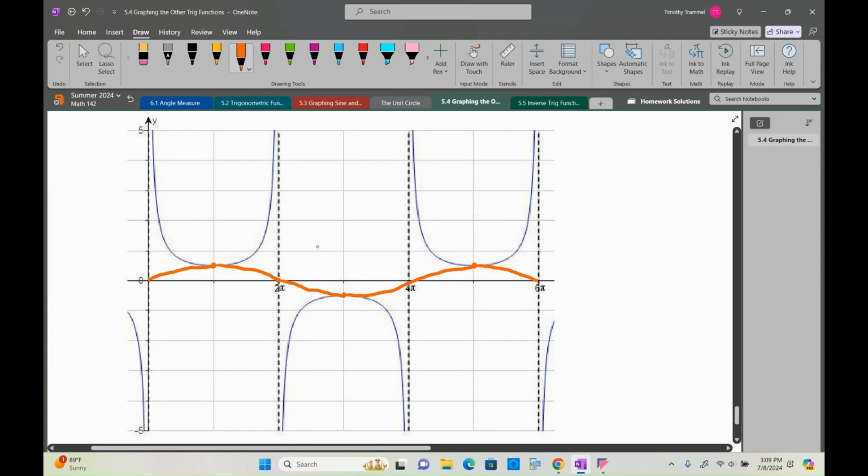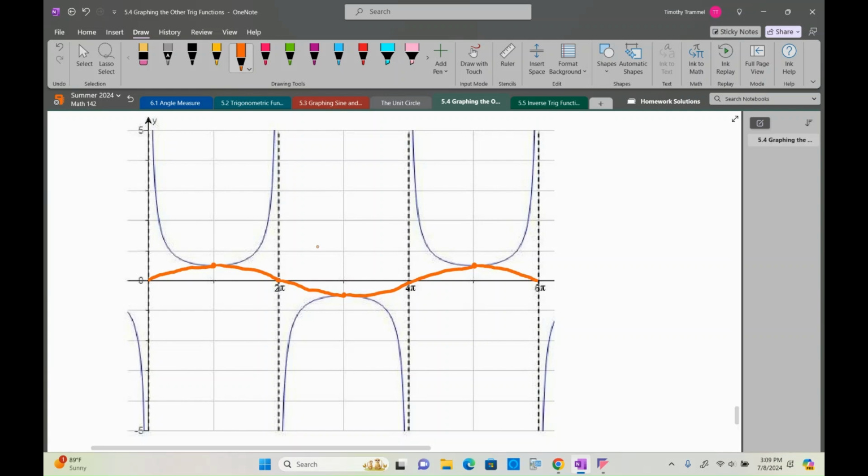All right. So the idea is if we can figure out the equation of this orange sine function, then we can figure out the blue function, the cosecant function.